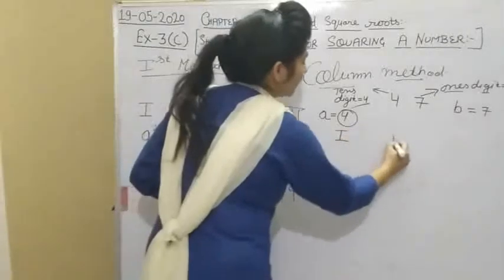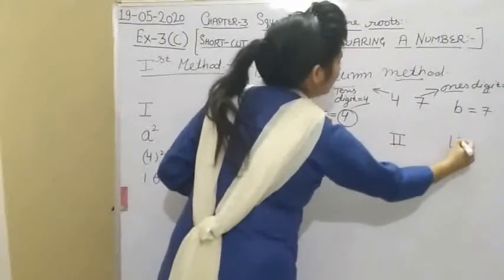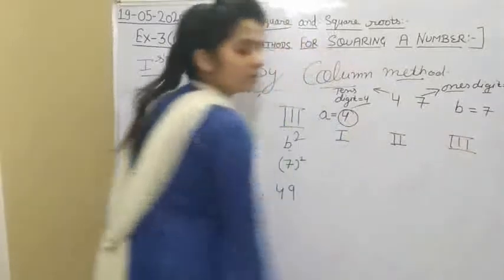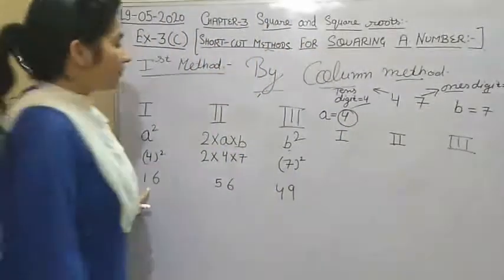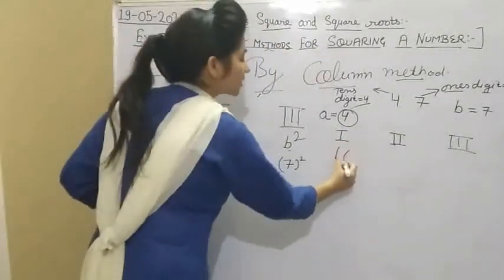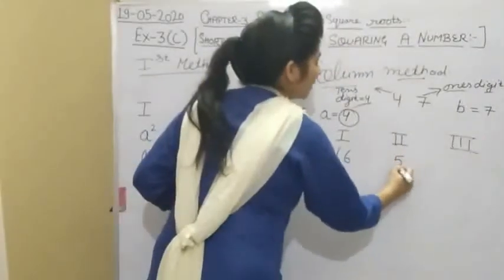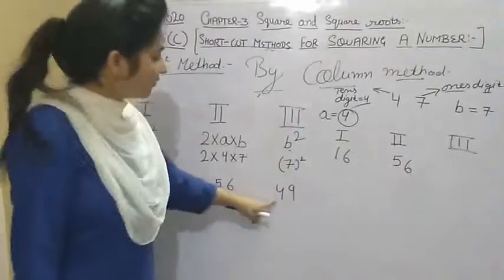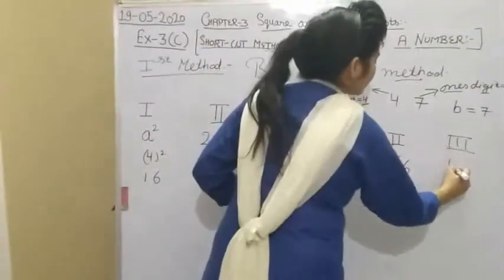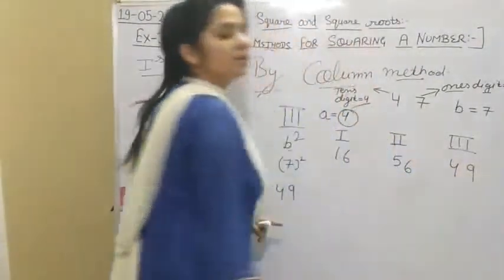You have 3 columns, first, second and third. Value of the first column is 16, value of the second column is 56, and value of the third column is 49.